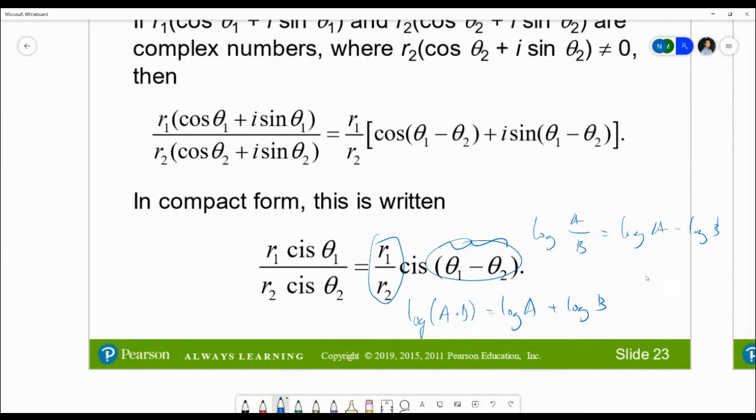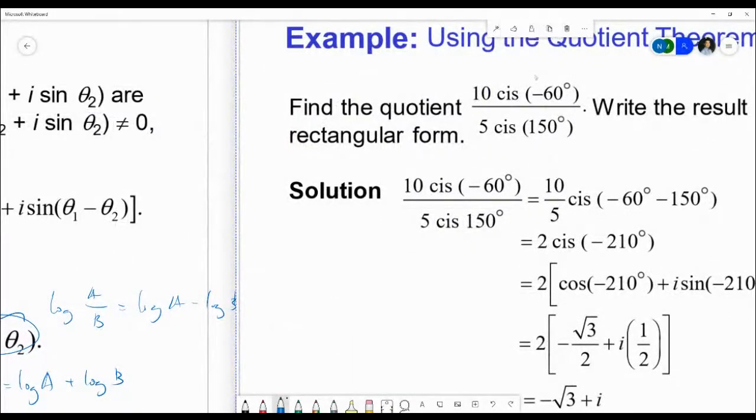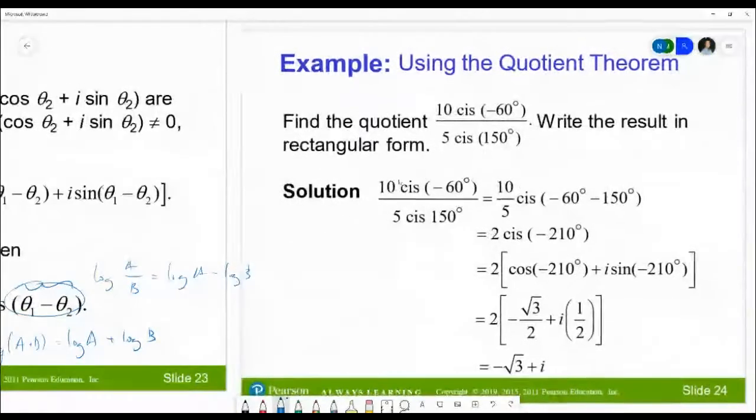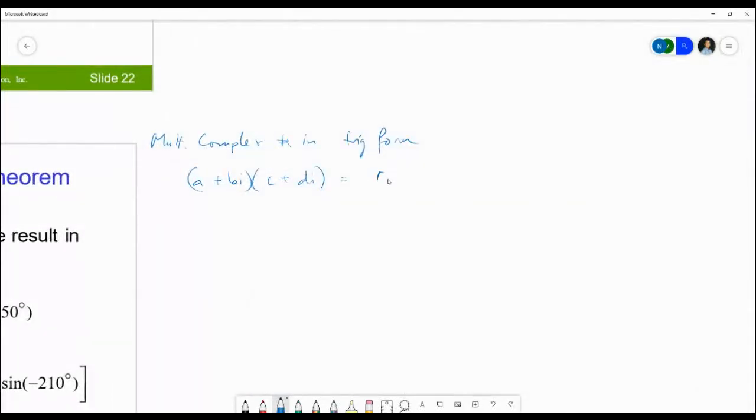Okay. All right, so let's review. To multiply complex numbers in trig form or polar form, so we have a + bi times c + di, in trig form we have r1 cis theta 1 times r2 cis theta 2.